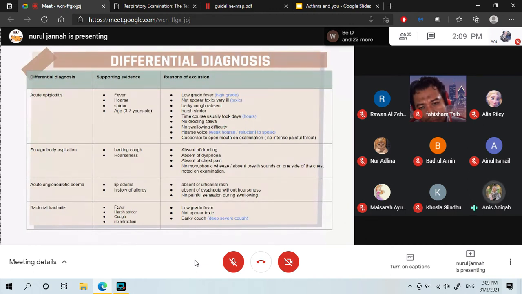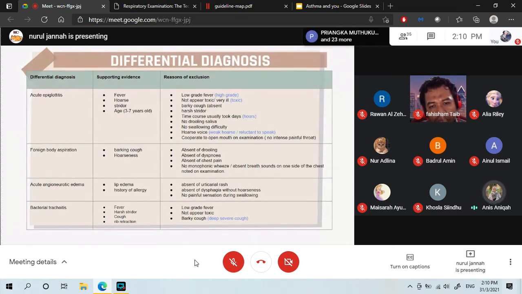This patient also has hoarseness, but this patient has prolonged inspiratory stridor, whereas in epiglottitis stridor is weak or usually absent. And there are more reasons to exclude acute epiglottitis: this patient does not appear toxic, and usually it takes only hours, but this patient took days, which supports our provisional diagnosis of croup.